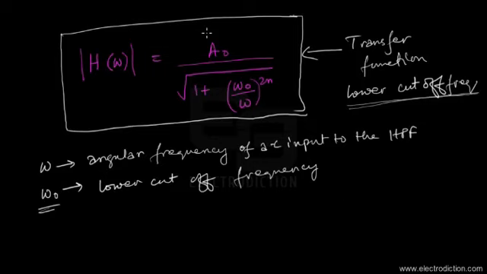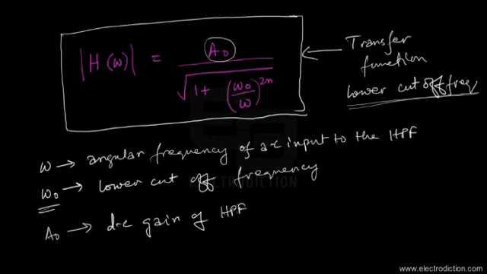And apart from that, we also have another variable that you can see as a0. This particular term, a0, is referred to as the DC gain of the HPF, that's the high pass filter. DC is a condition, or rather some sort of a signal, which doesn't have any frequency.